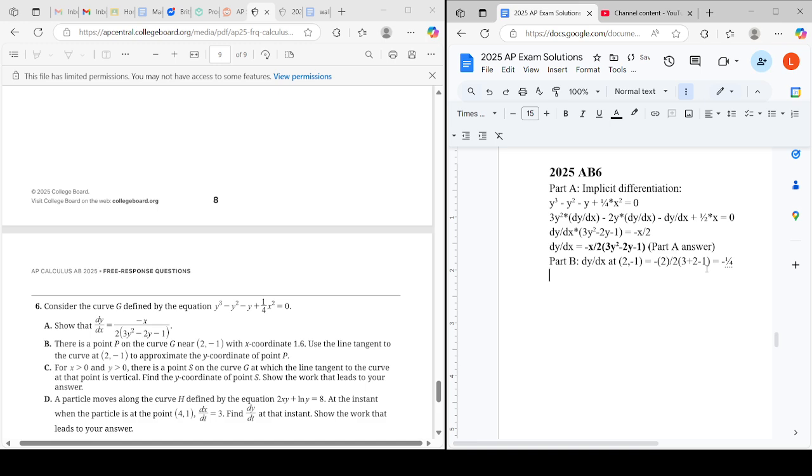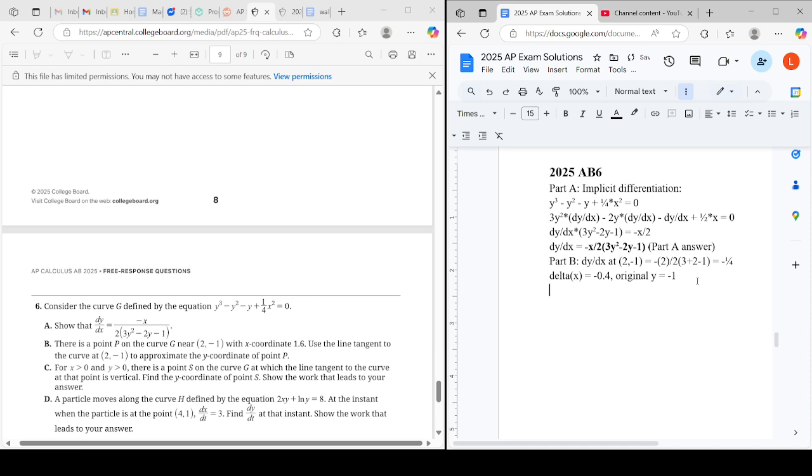So we're going to use this equation. Our delta x to get to x coordinate 1.6 from x equals 2 is negative 0.4. And our original y is negative 1.